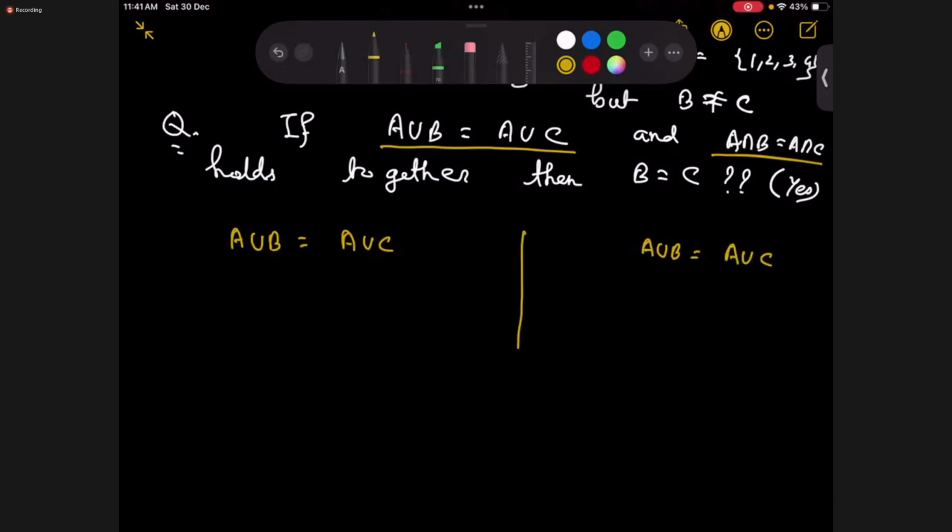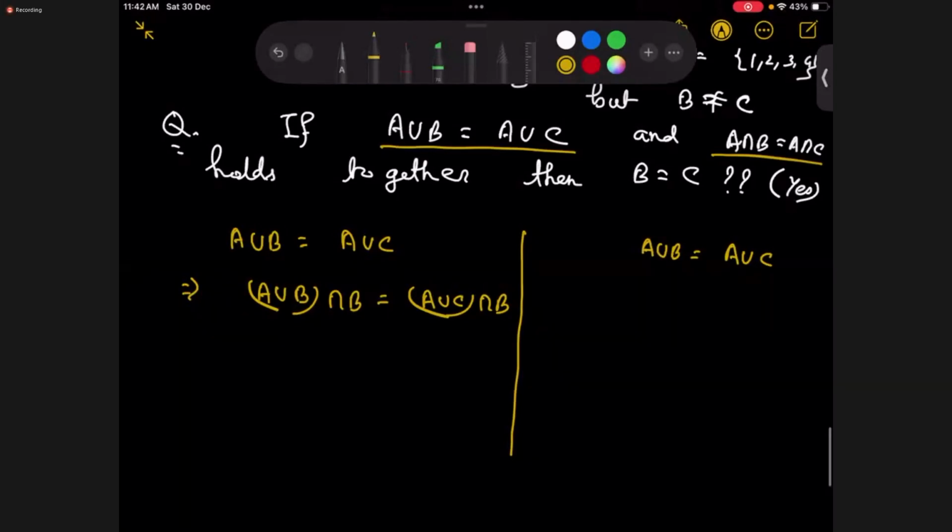Take intersection with B on both sides. We can clearly do it because if I call the set D, then D intersection B equals D intersection B, since these two sets are equal.